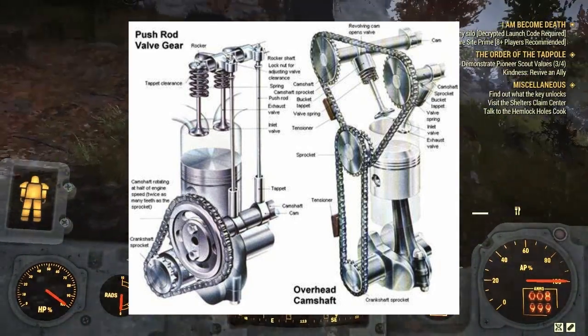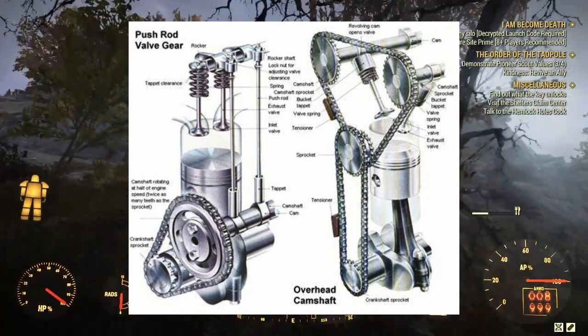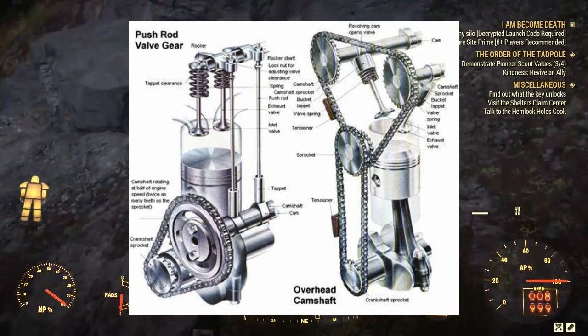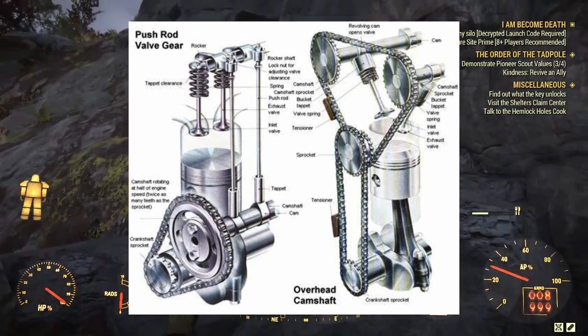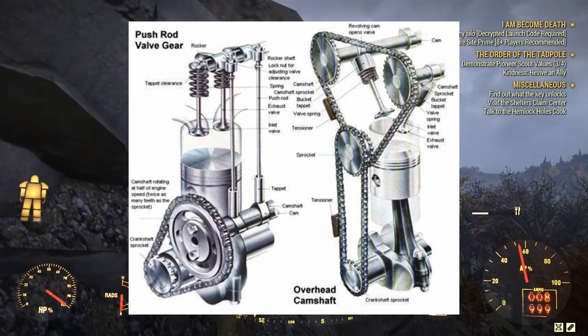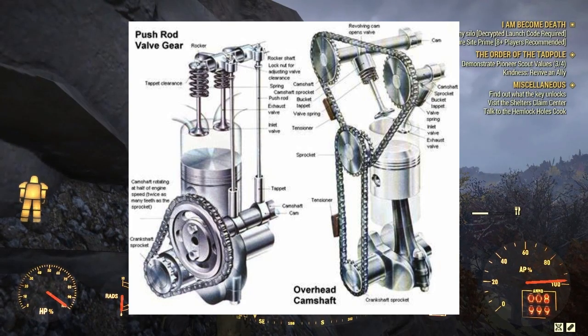Old school hot rod engines only had a small chain and two gears. Modern engines, like on Mustangs, have four cams, so four different things. And each one is kind of specific.